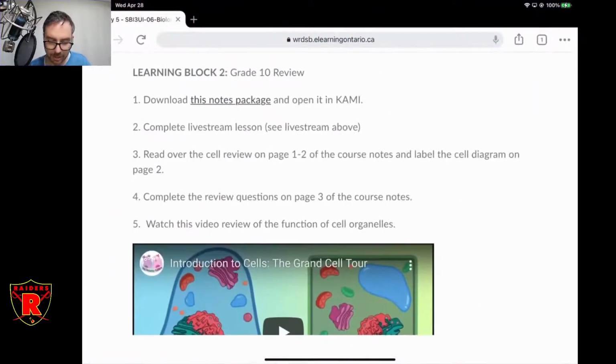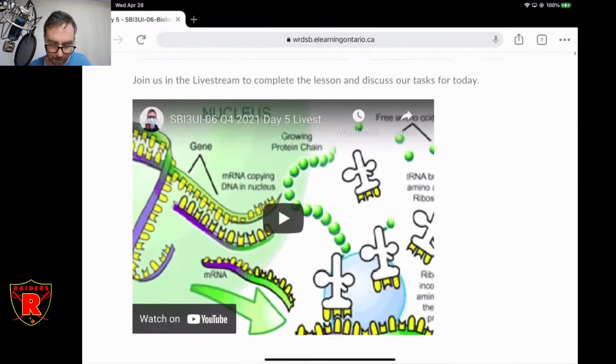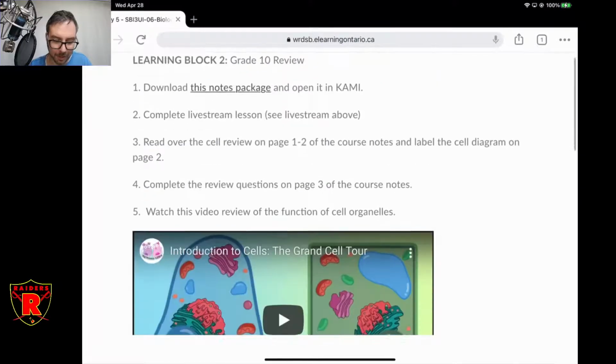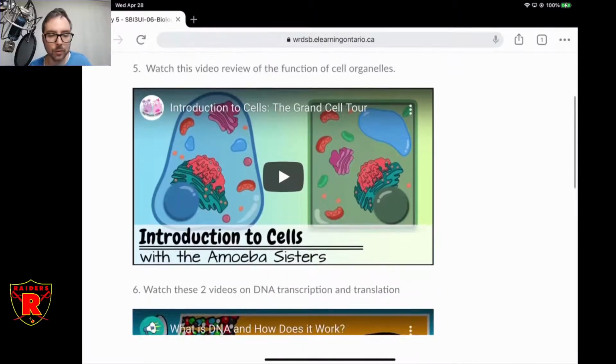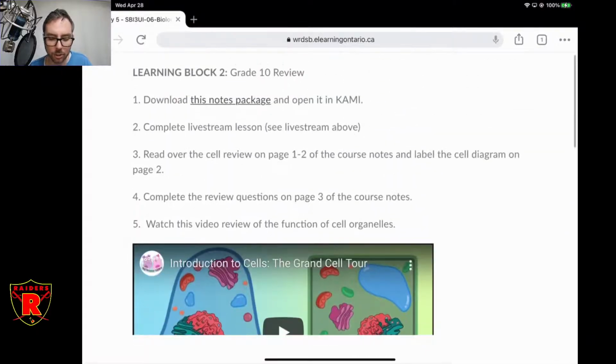What you're going to be working on right now is a quick review video, a tour of the cell. You're going to read the section on what the different organelles do. You're going to label a diagram of the cell. There is a completed version of this, like I said, in the course notes if you want to look into it, and to compare.